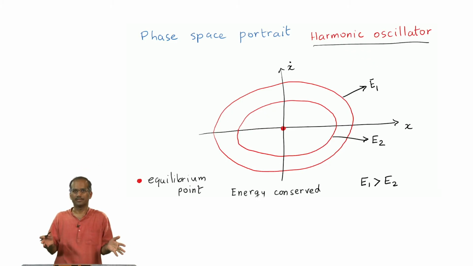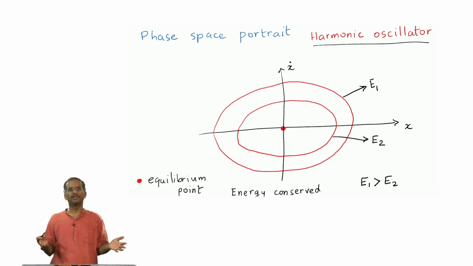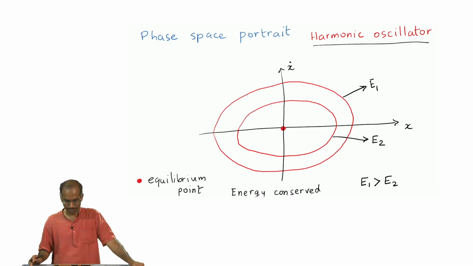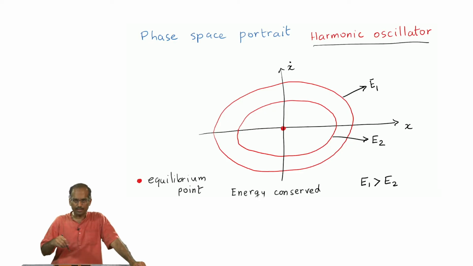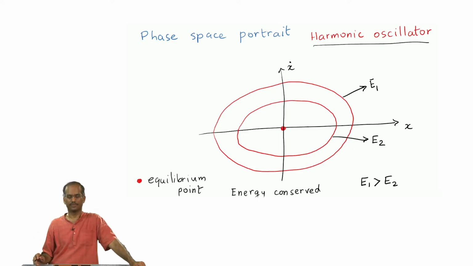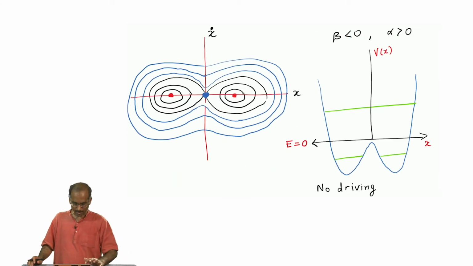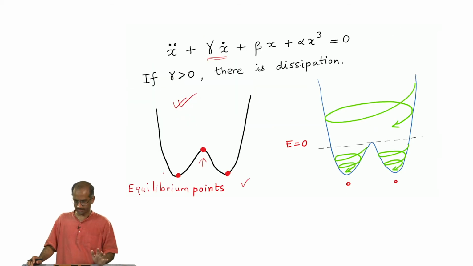It is basically in the equilibrium position, so unless you give it some energy, nothing is ever going to happen. This red point indicates that equilibrium position, and for this harmonic oscillator, if you add in dissipation, then these elliptic curves that you see here will spiral around and finally go to this equilibrium point.